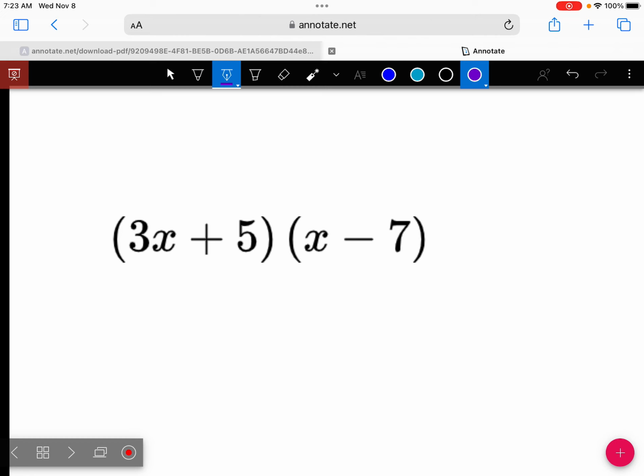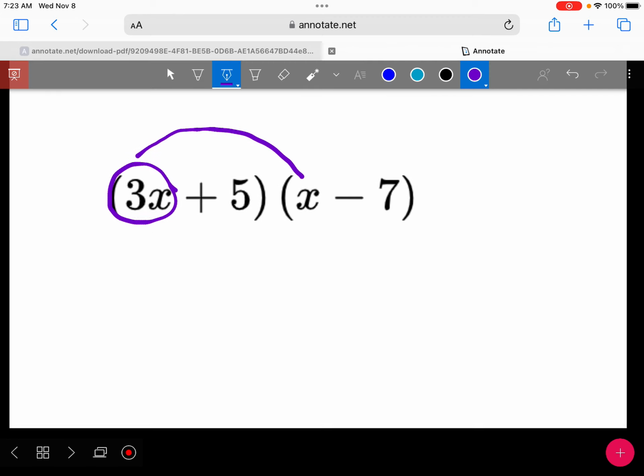So what we're going to do is we're going to multiply this left-hand pair. We've got 3x plus 5 times x minus 7. And what we're going to do is we're going to distribute the pieces from the left binomial onto the pieces of the right one. So what I mean by that is I'm going to take my 3x and we're going to distribute that.